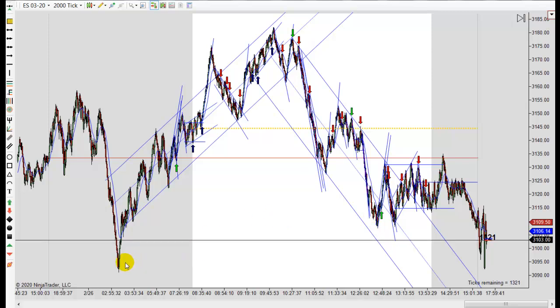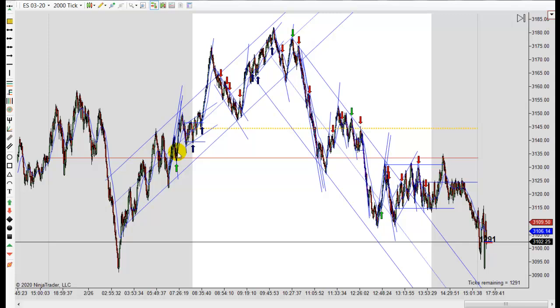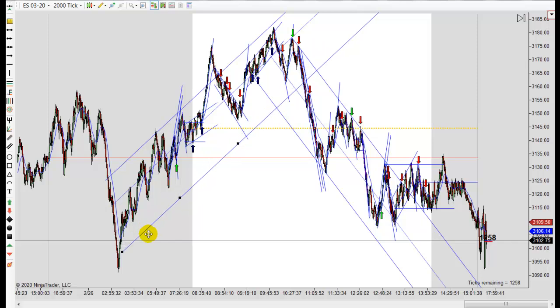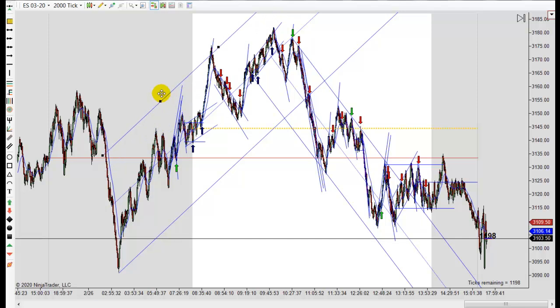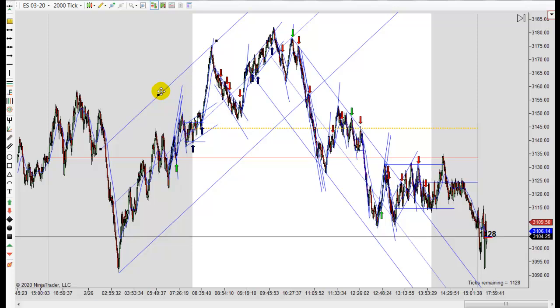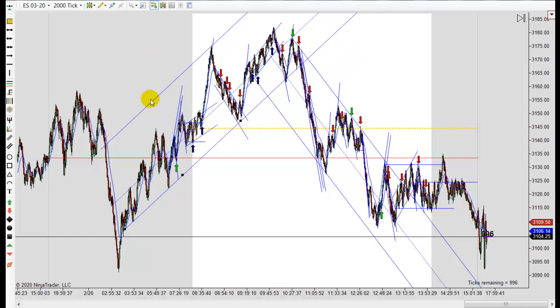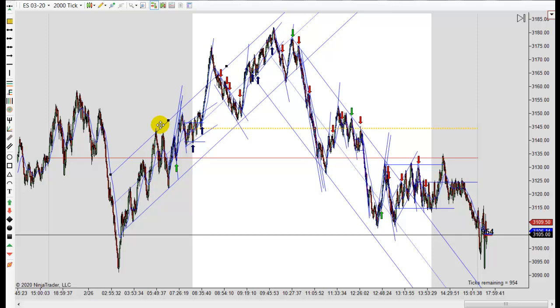But really what you have here, and I drew this a little different early on. This is a spiking channel, and it looks like we had an overshoot and then a reversal. Originally I drew this off the highs way up here, and the midline is right, and I ended up dropping this down here like so, but I ended up moving this up and bringing this down, and you can see it does fit pretty good there.